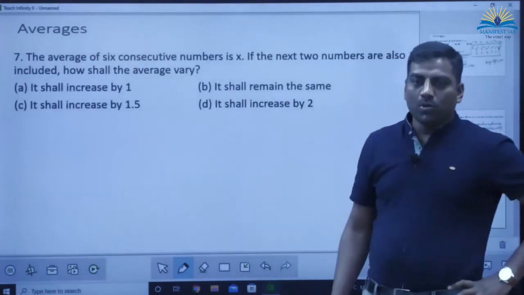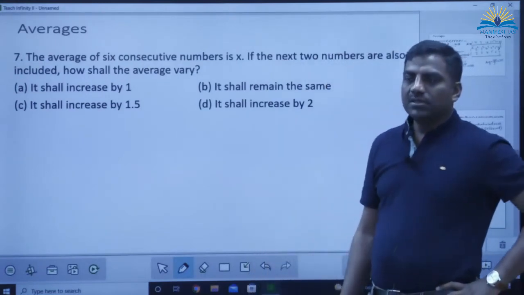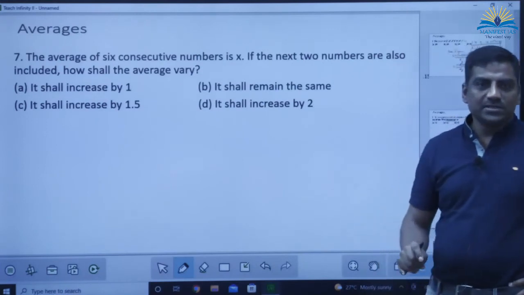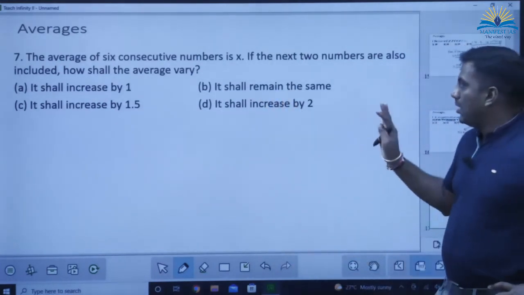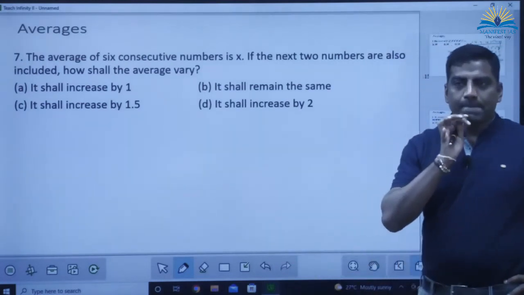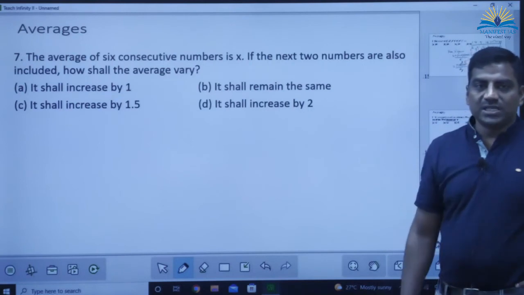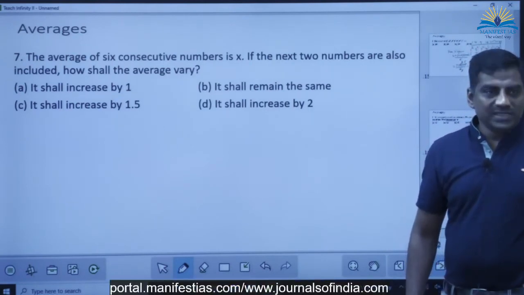This is a very simple problem. I don't want you to touch pen and paper. Just by imagination, you have to solve this. The average of 6 consecutive numbers is X. Usually, we assume that the first number is X, second number is X plus 1, third number is X plus 2.